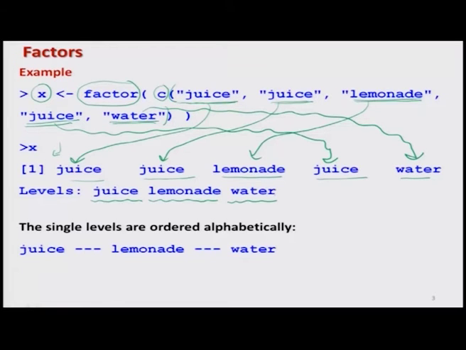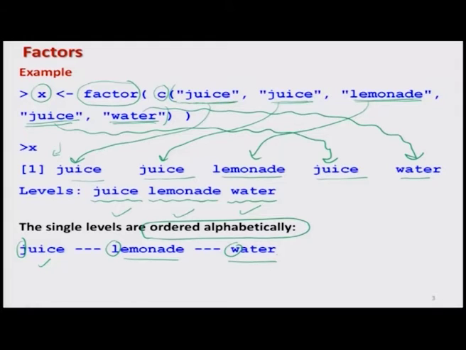But now in this statement, do you observe anything new? If you see here, this juice, lemonade, and water, these are my 3 characters, or they are my 3 strings of characters which are alphabetically ordered, right. Juice comes first as it starts with J, then comes lemonade which starts with L, and then comes water that starts with W. So, this is what you have to observe.